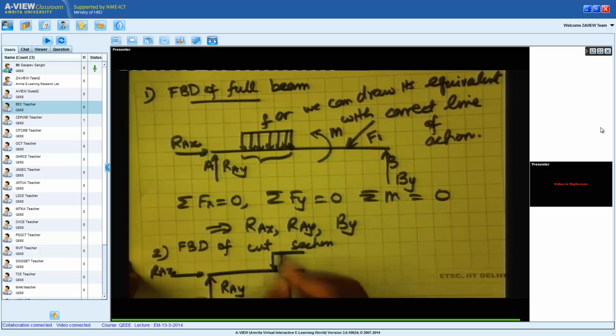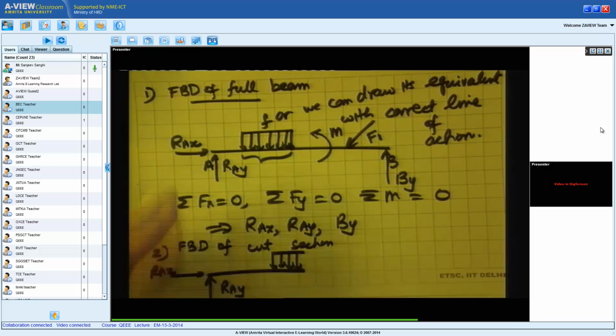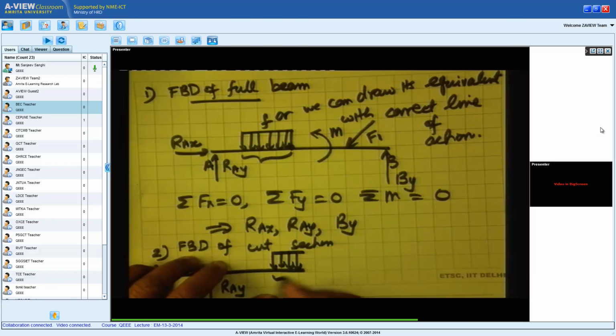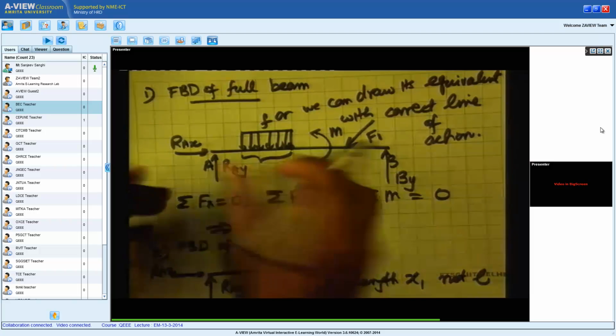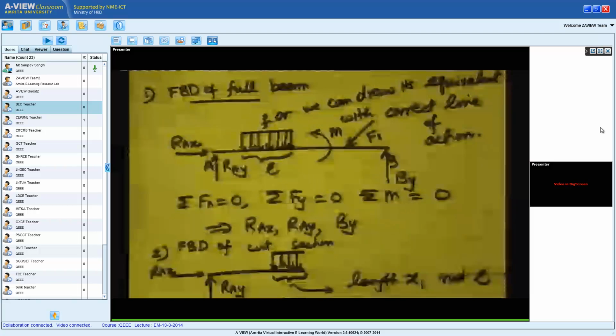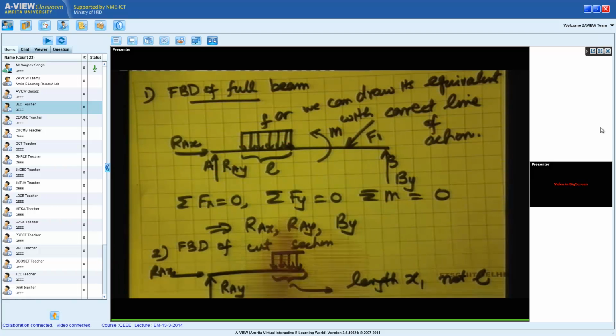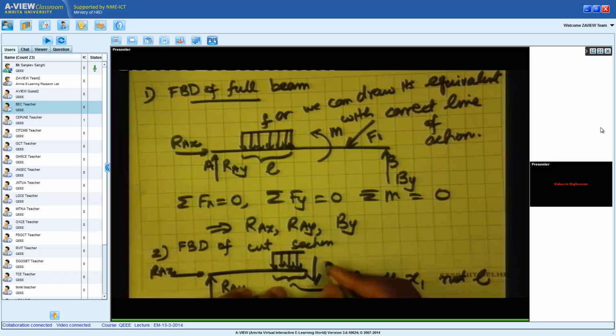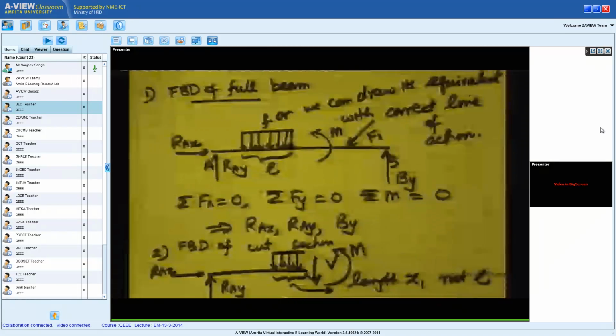And in the cut section, I have this force F, but now this is acting only for some length x1, not L, because overall length was L, but now it is acting only on a small section depending on where the cut is made. And on this cut, because this is a left hand cut, I will show a force V and a bending moment M.